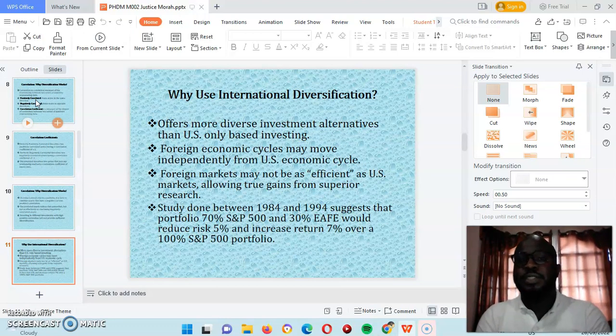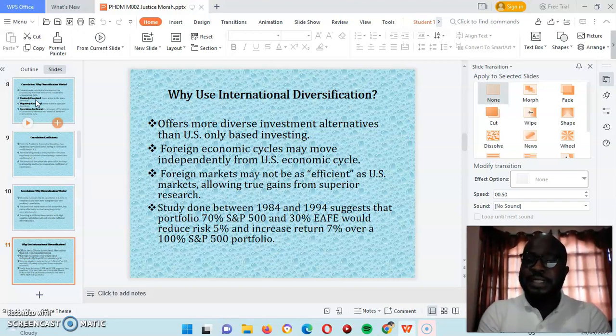Why use international diversification? It offers more diverse investment alternatives than US-only based investing. Foreign economic cycles may move independently from the US economic cycle. Foreign markets may not be as efficient as US markets, allowing true gain from superior research.